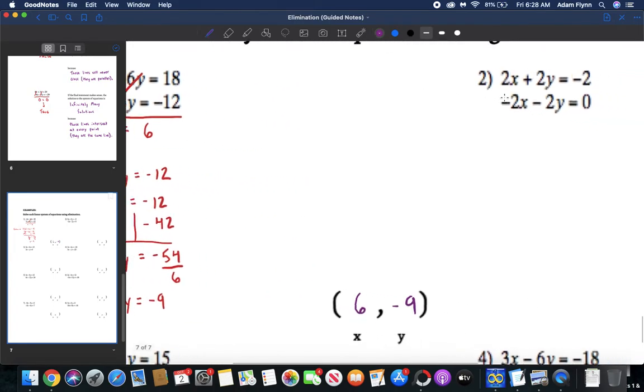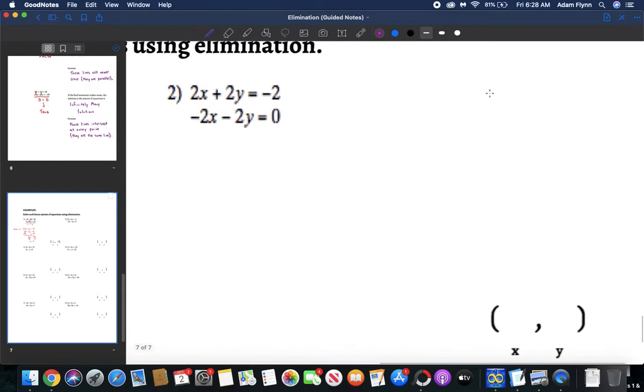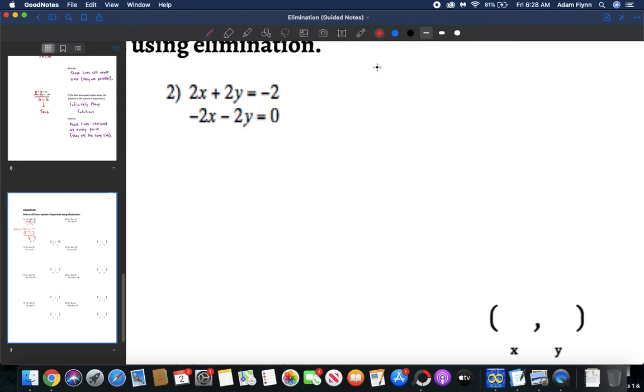Move over to number 2. Taking a look at number 2, if I look at my x's, I've got 2x minus 2x. Okay, so my coefficients are the same number with opposite signs, so that's good. Those are going to eliminate.